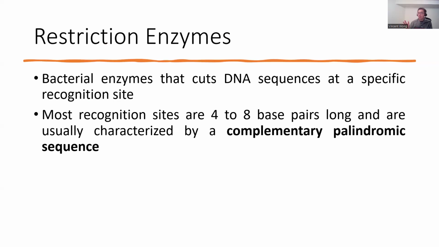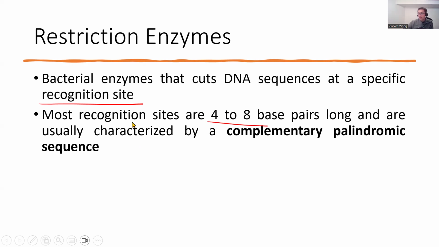The restriction enzymes cut the DNA by recognizing a very specific site called a recognition site. Most of these recognition sites are 4 to 8 base pairs long and are characterized by complementary palindromic sequences. What does that mean?